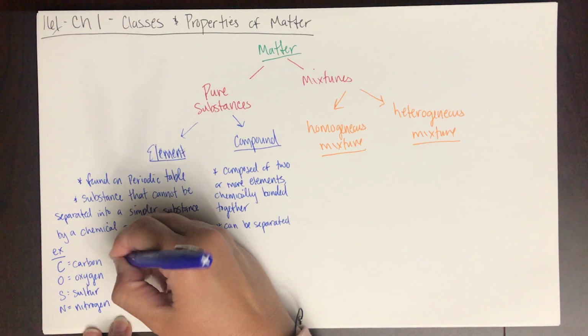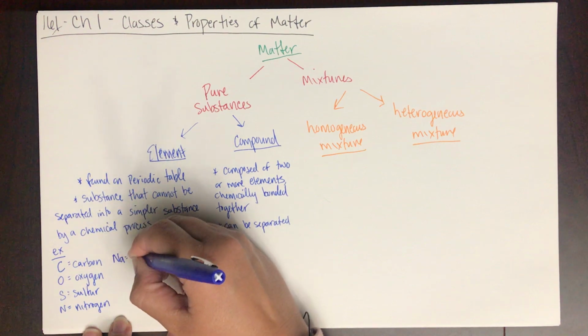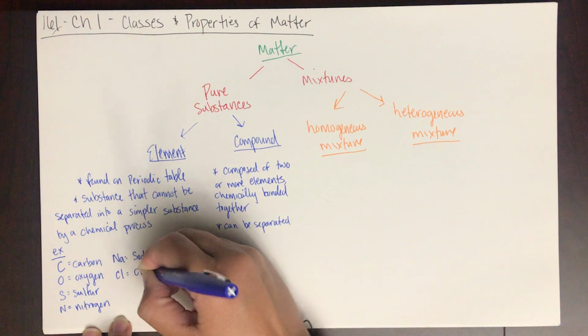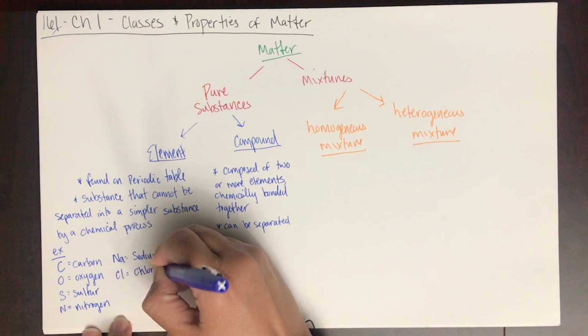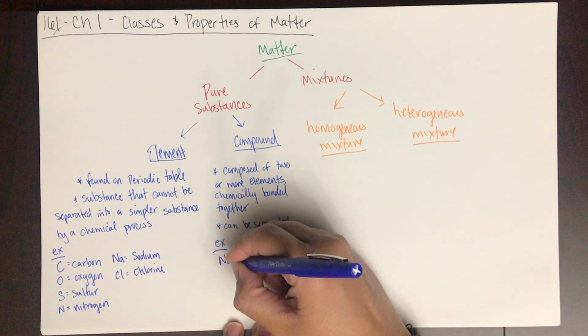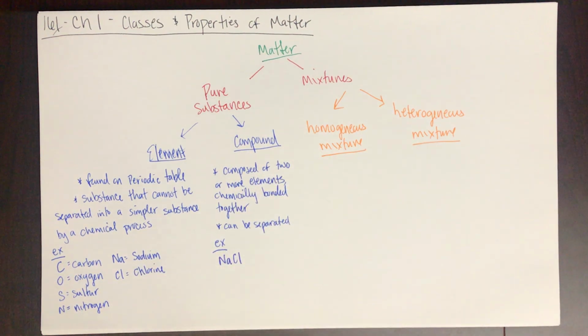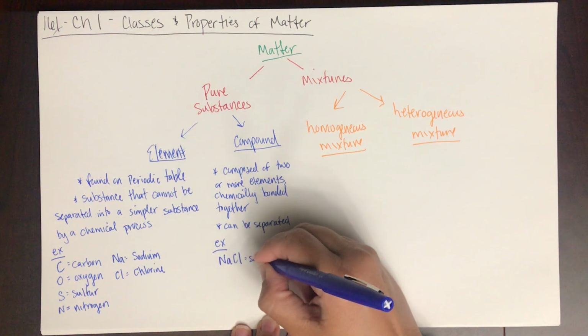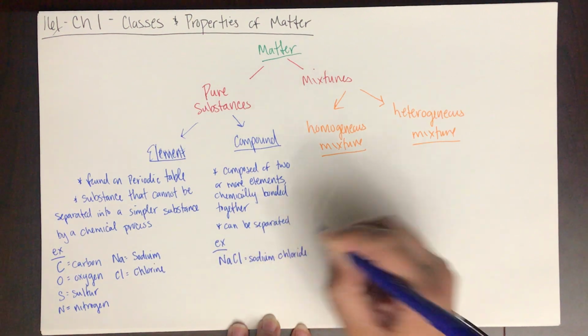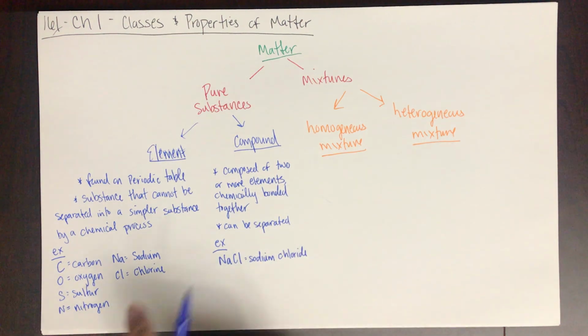Another example of an element would be Na, which is sodium, and Cl, which is chlorine. An example of a compound would be NaCl. This is called sodium chloride, and this is an example of a compound. It's made up of 2 elements.